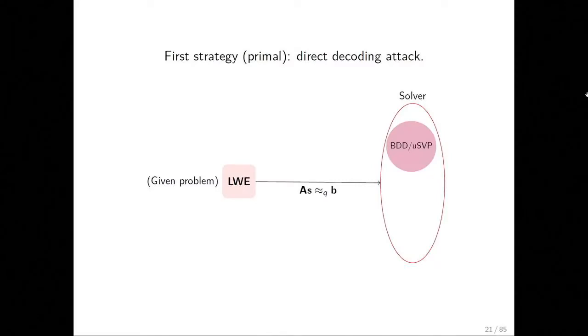Okay, so the very first strategy is the so-called primal attack. The main feature it uses is that in an LWE sample, AS is very close to B modulo Q, up to the error vector E, because the E we sampled is from a small discrete Gaussian distribution. We can directly solve this problem as a CVP problem, the closest vector problem, or the bounded distance decoding problem, using the lattice solver.